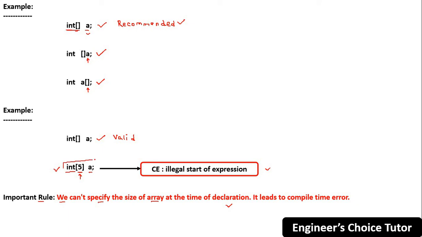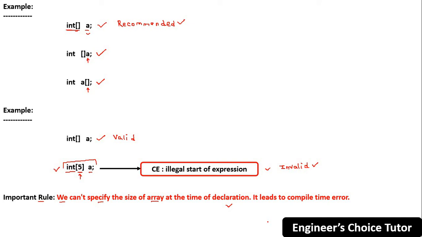This is what we call declaration. And you are specifying the size of an array at the time of declaration. That is the reason you are getting this compile time error. And this is invalid, because you are getting compile time error. Hope this thing is clear to you.